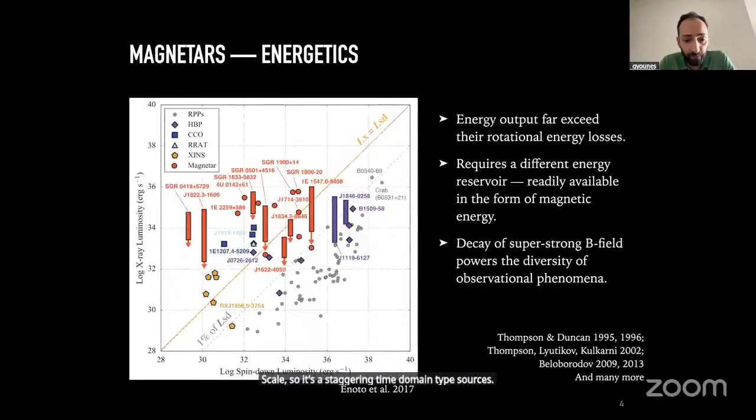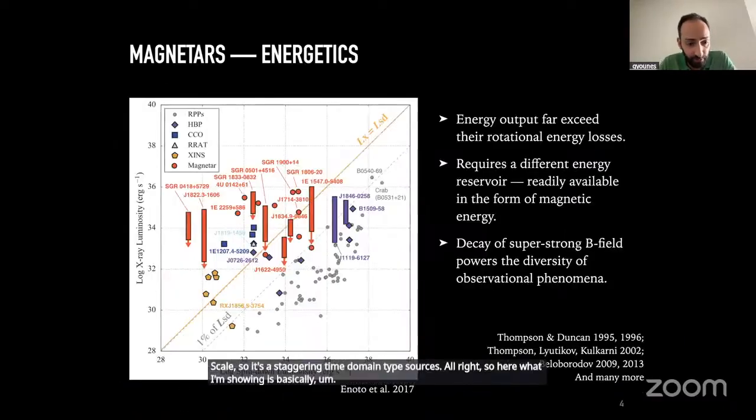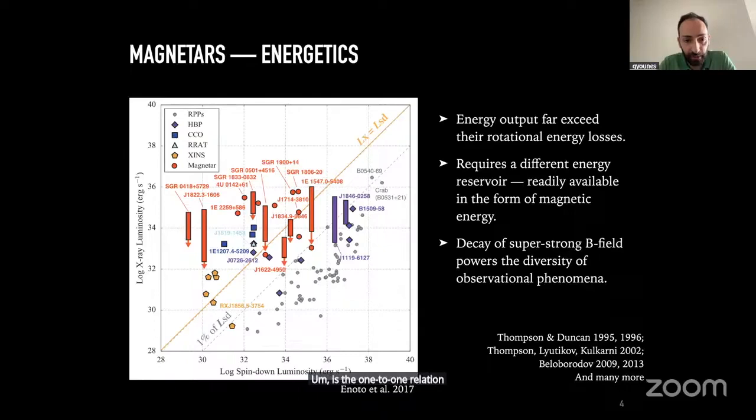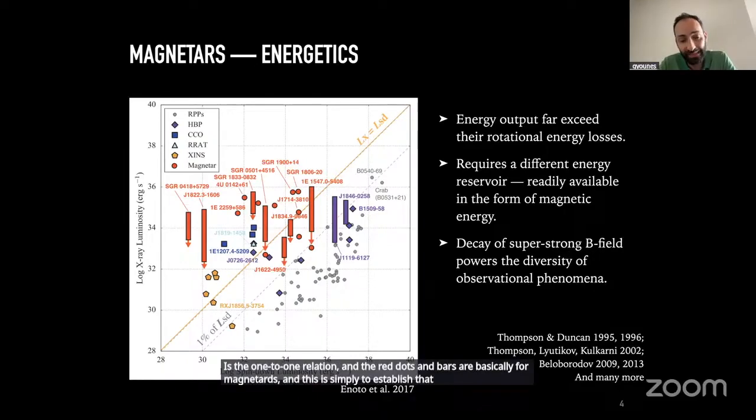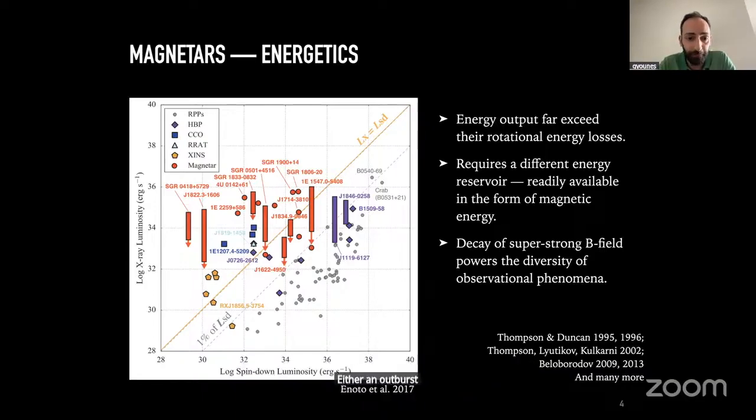All right, so here what I'm showing is the X-ray luminosity as a function of the spin down. The yellow line is the one-to-one relation, and the red dots and bars are for magnetars, and this is simply to establish that most of the magnetars, either in outburst or in quiescence, which is what the dot shows, have X-ray luminosity larger than E dot.